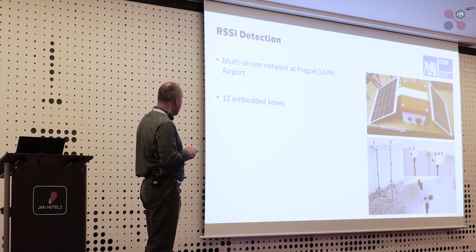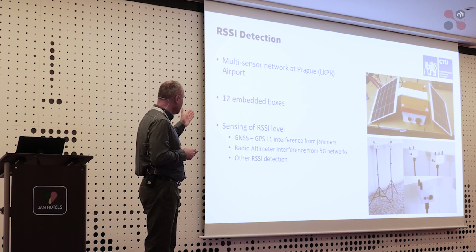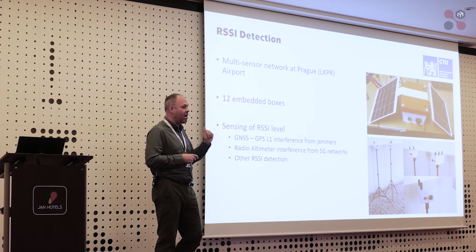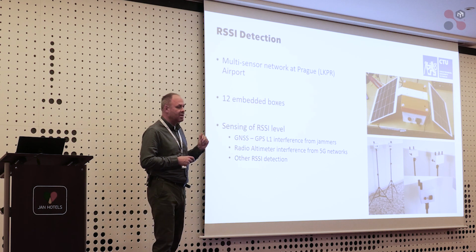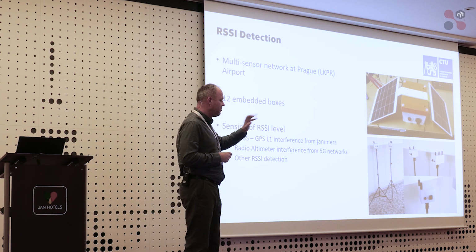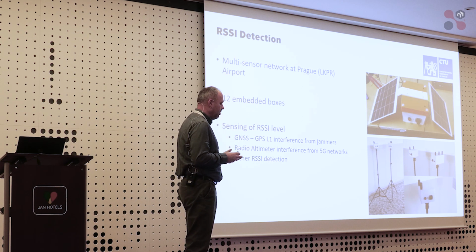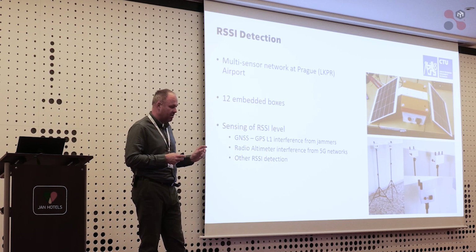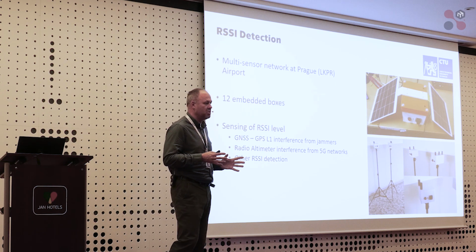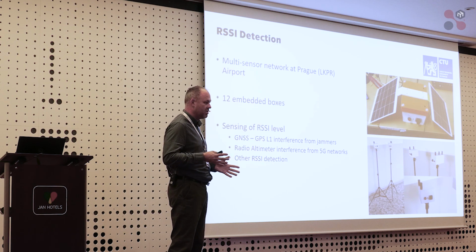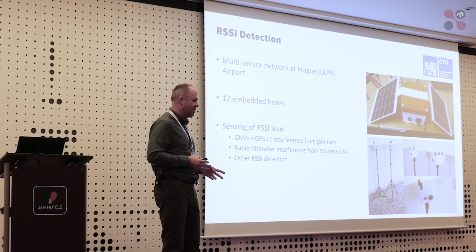And we are sensing the RSSI level, GNSS, GPS L1, and I can tell you there are interferences. Last year a truck stopped for 5 days in the logistical park near the airport with, I don't know what power output of the jammer he had in the cabin, but it must have been 6-7 watts because it was jamming half of the airport.